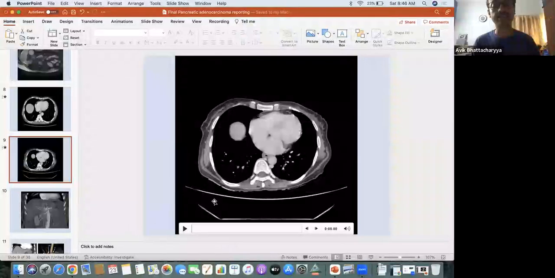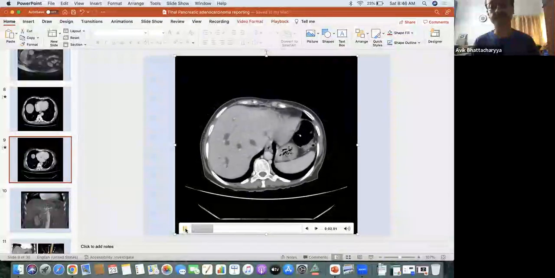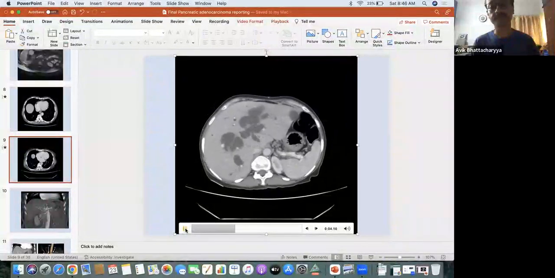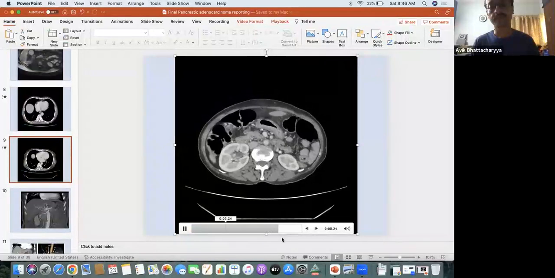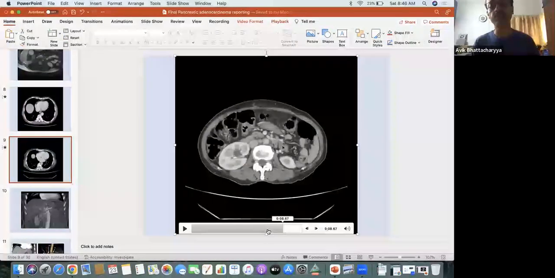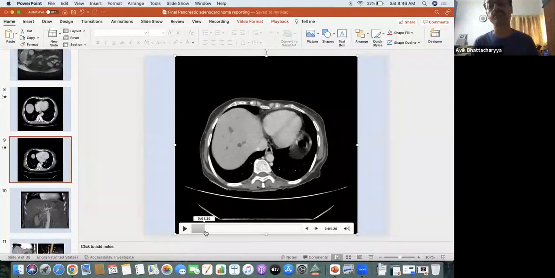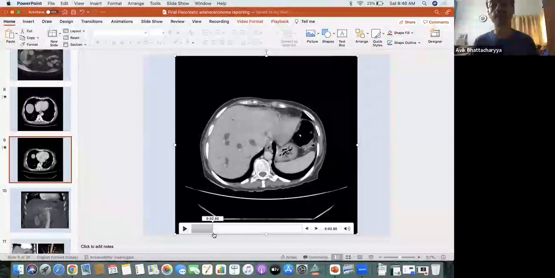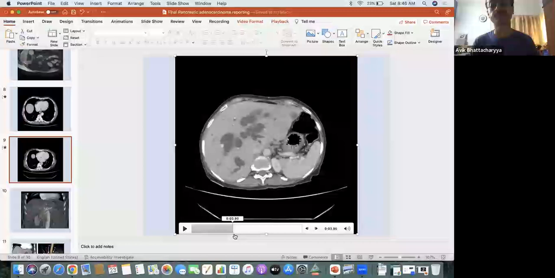My last case of the day, and here it comes. I'm gradually scrolling from upside down, from cranial to caudal. This is the liver, and these are intrahepatic biliary radicals, which are dilated.